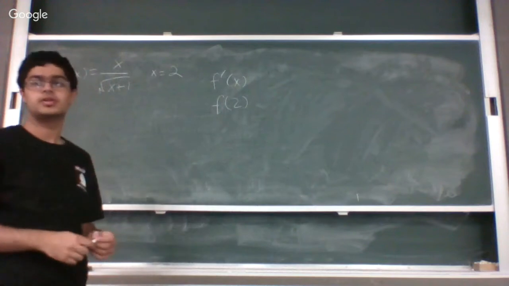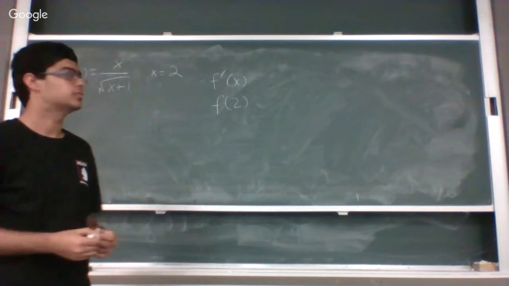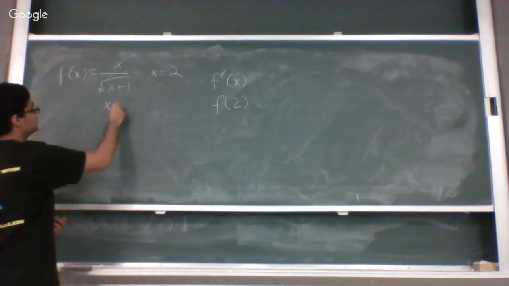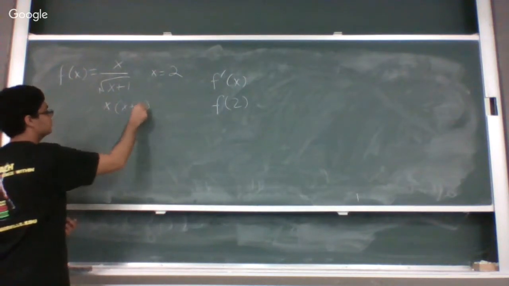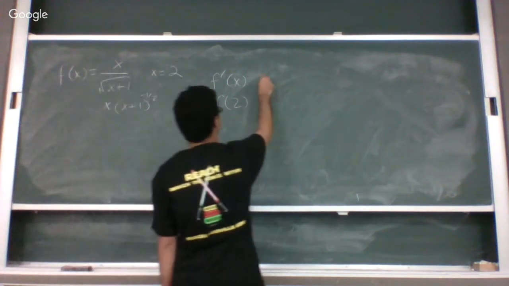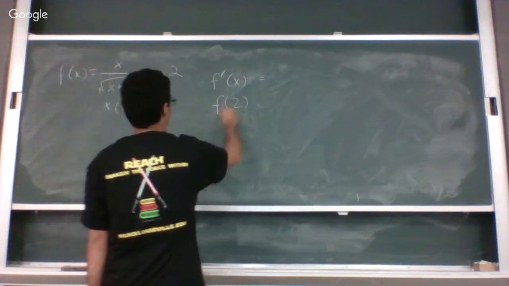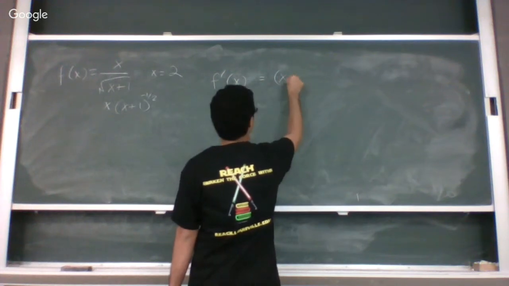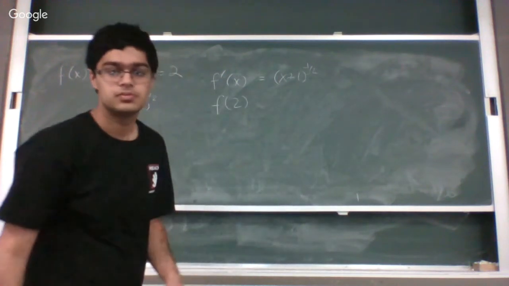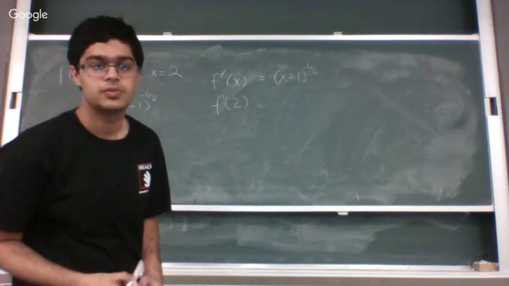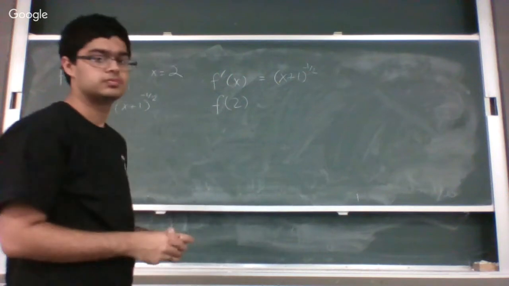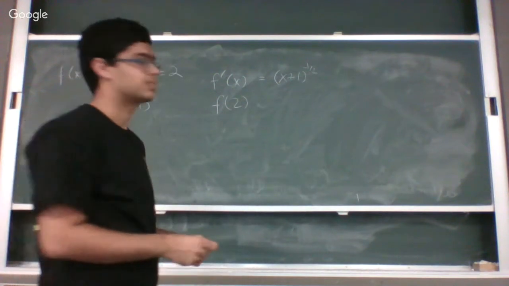You'd just do the product rule. Yeah, the easier method would be to do the product rule. So let's just do it then. x plus 1 to the minus 1/2. What would the second part be? 2 over the square root of 3.